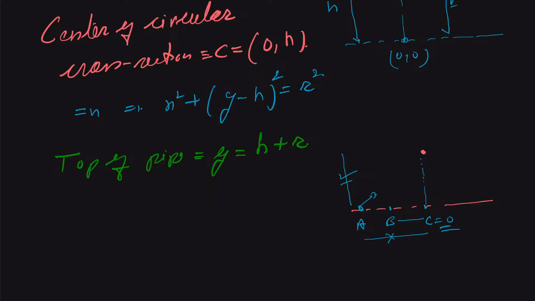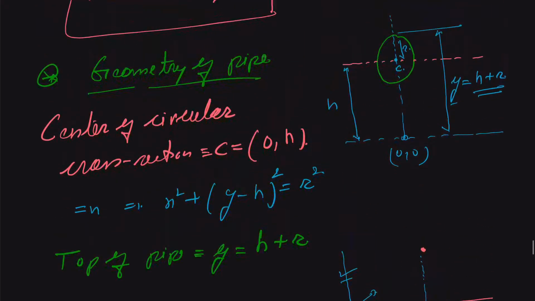So for a minimum launch speed, the projectile's highest point must lie above the pipe center. That is the point where it is going to meet, because if it lies beyond the pipe center, obviously it is going to lie just beyond the highest point also. So that is vice versa.